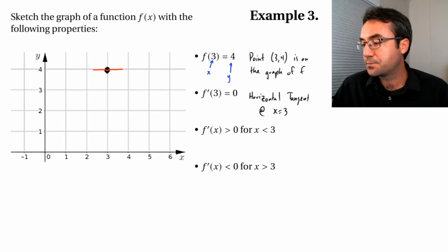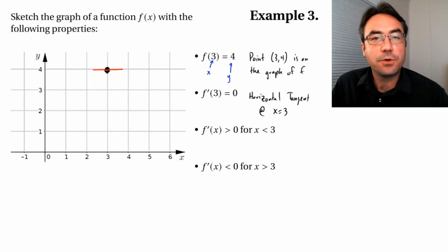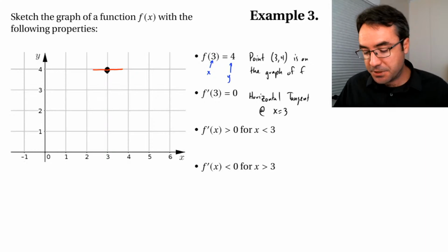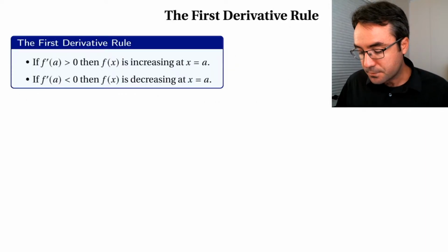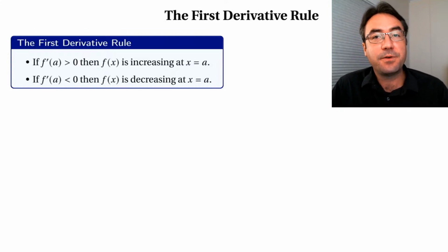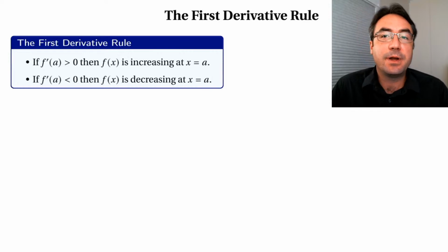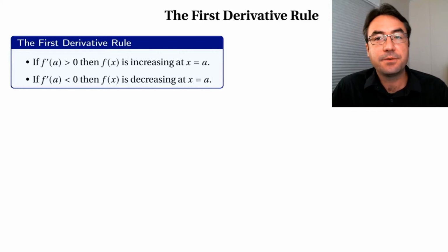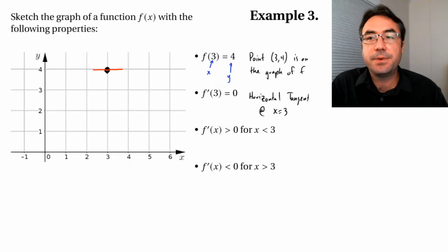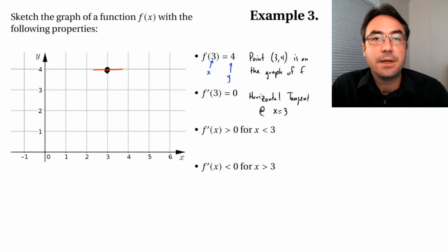All right, what else? Well, we're told that f prime is greater than 0. So f prime is positive when x is less than 3. And this is where we left off last week. When our first derivative is positive, our function is increasing. And when our first derivative is negative, the function is decreasing. So that's what we have here.